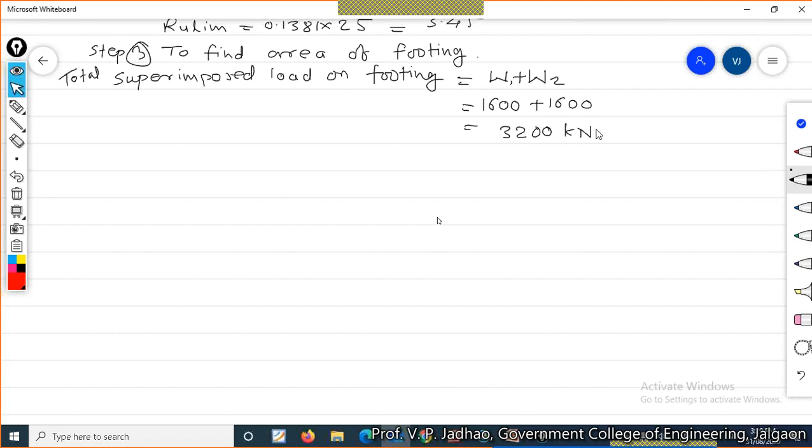Now there will also be some self weight of this footing.